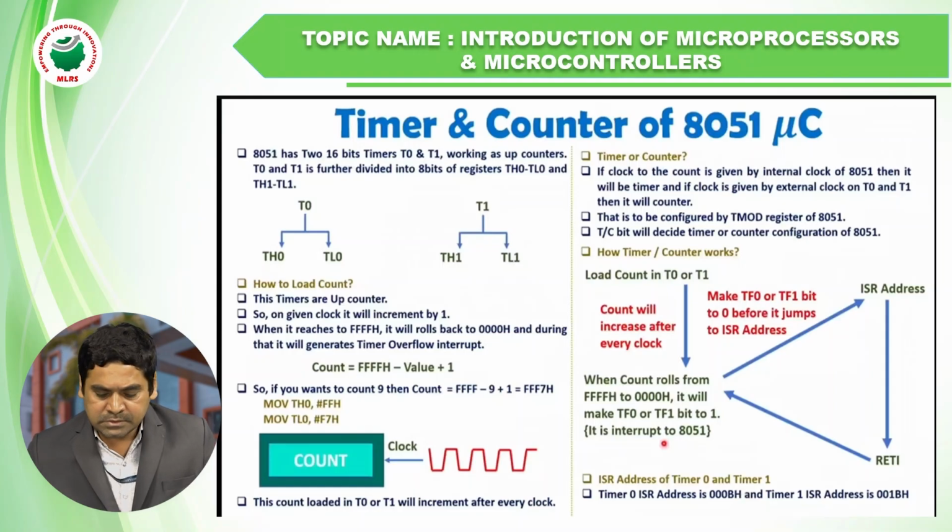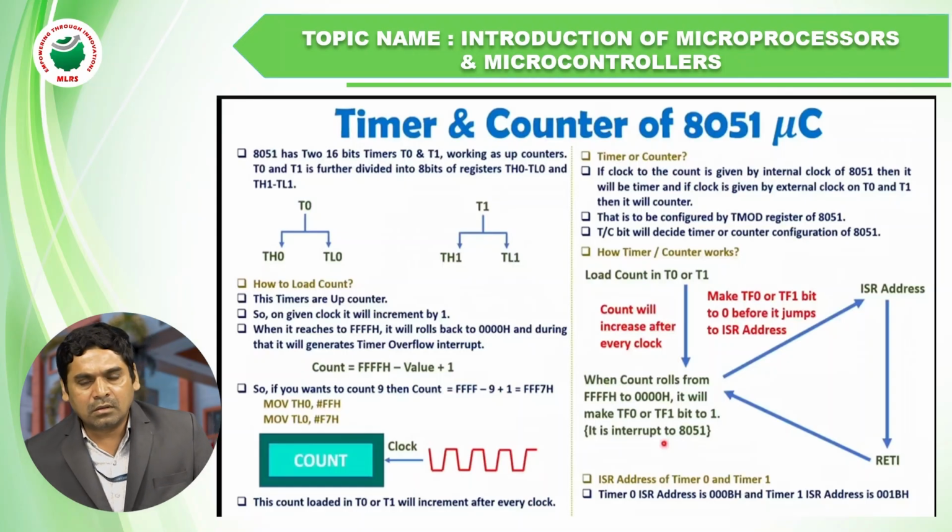Next, I want to explain timers and counters of the 8051 microcontroller. We know when it works as a timer and when it works as a counter. When internal clocks are given to the timers, it works as a timer.